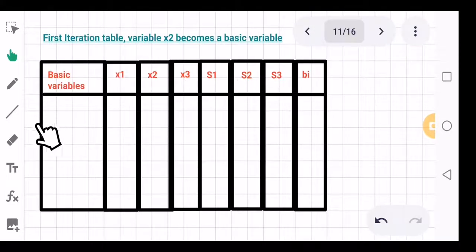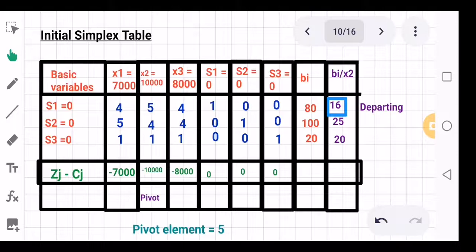Now we have arranged all these things, and here there will be some changes. In our initial simplex table, we found that this entire row is called the departing row. Departing means someone or something is going away, leaving us.